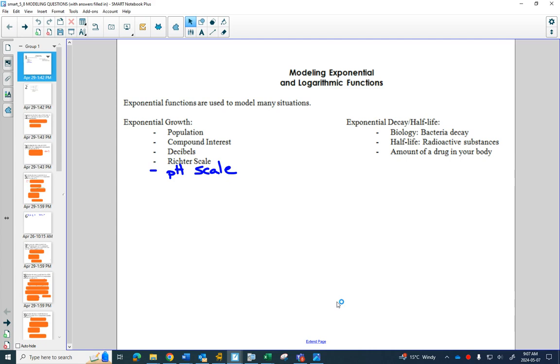So what we do is we use these scales whenever there is a huge difference between things. Sound, a really quiet sound and a really loud sound have a huge difference, so then that's measured on an exponential scale. So we're going to look at a bunch of these problems.